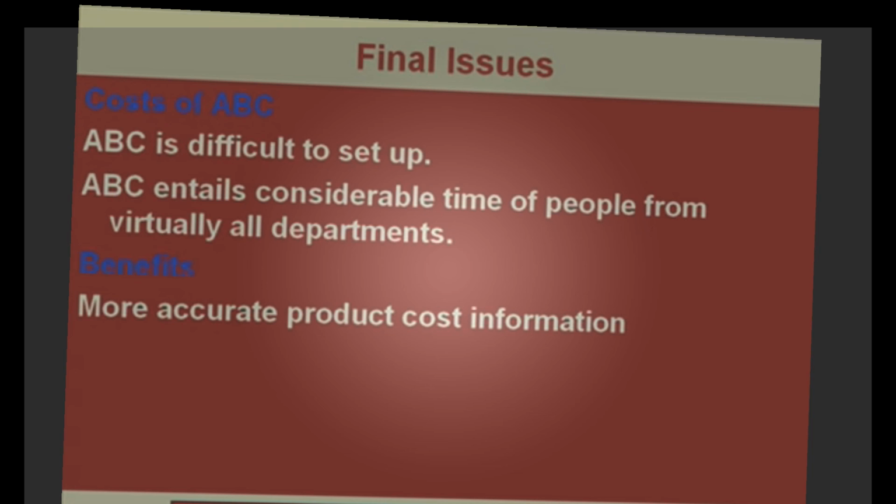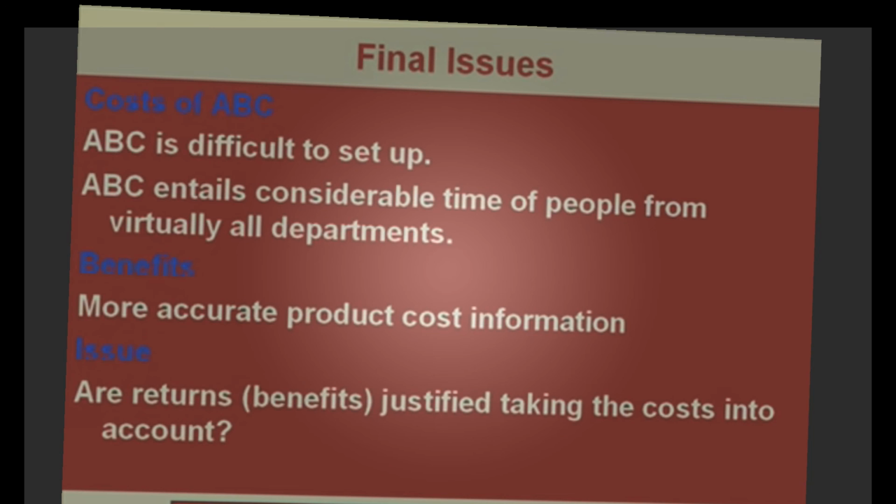Issue. Are the returns, which is the benefits, justified taking the costs into consideration? If the answer is no, it costs too much, and the benefit, which is more accurate product cost information, isn't a big deal, what you do, you stick with the traditional.